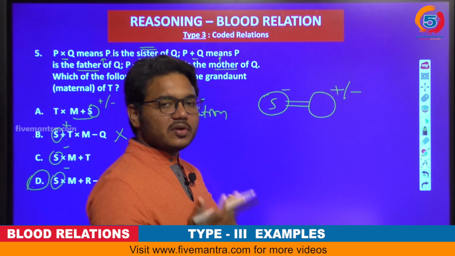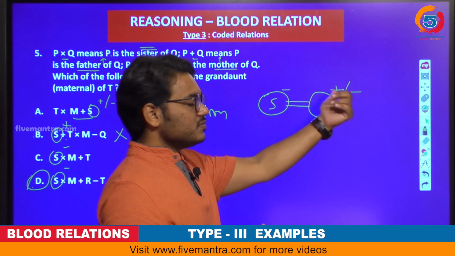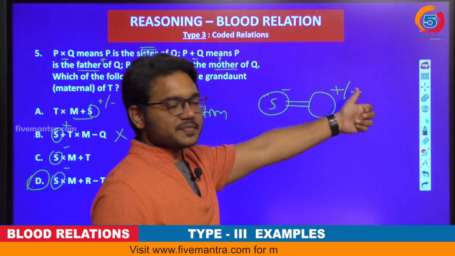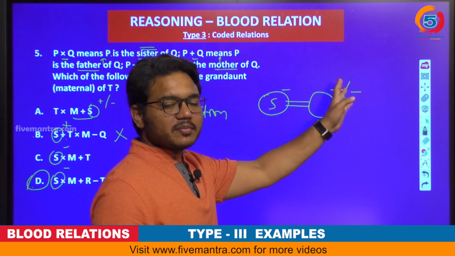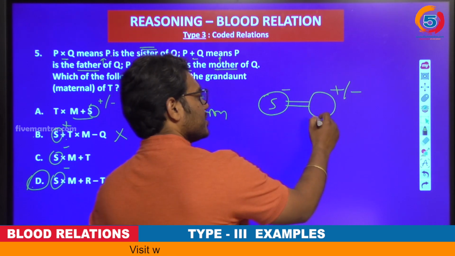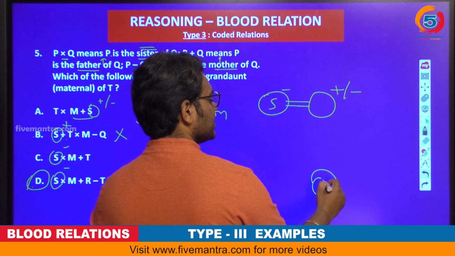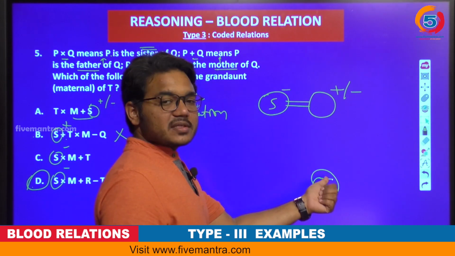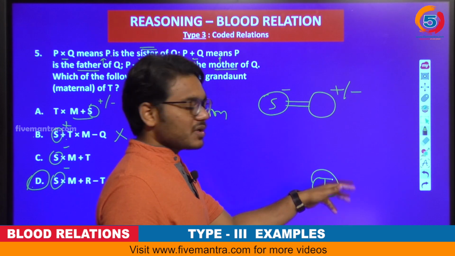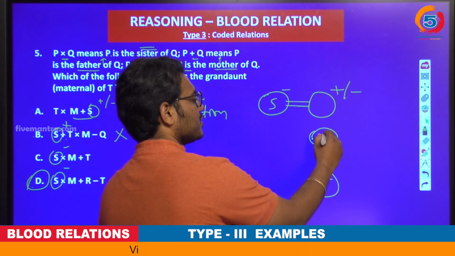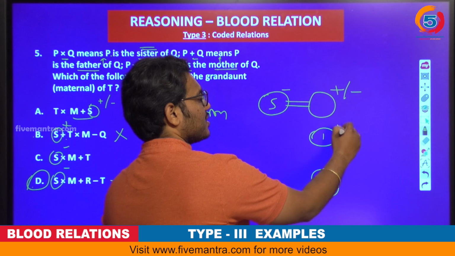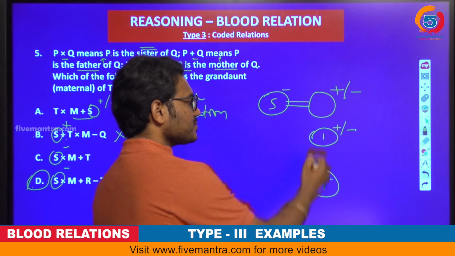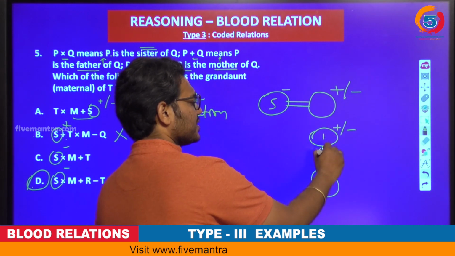Grand aunt means S is a female who could be the sibling of any of your grandparents, that is your grandmother or grandfather, who could be male or female. And where T lies here is at the second generation down. Somewhere in between you have your mother or your father.